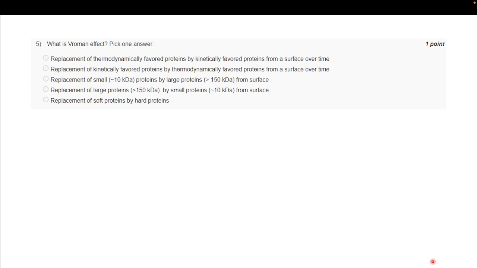Second one. Second is replacement of kinetically favored proteins by thermodynamically favored proteins from a surface over time. Okay, thank you for answering. Anybody else? Option 2. Okay, thank you.